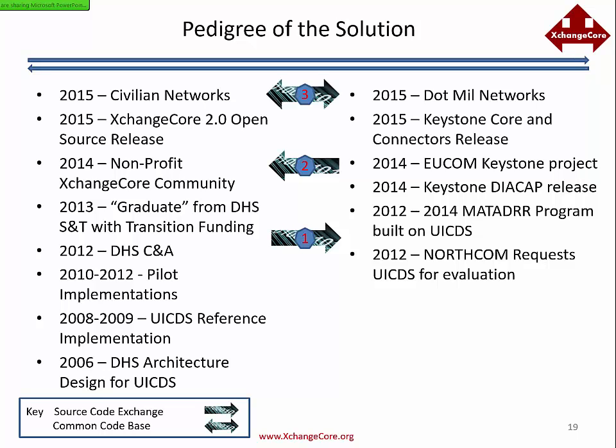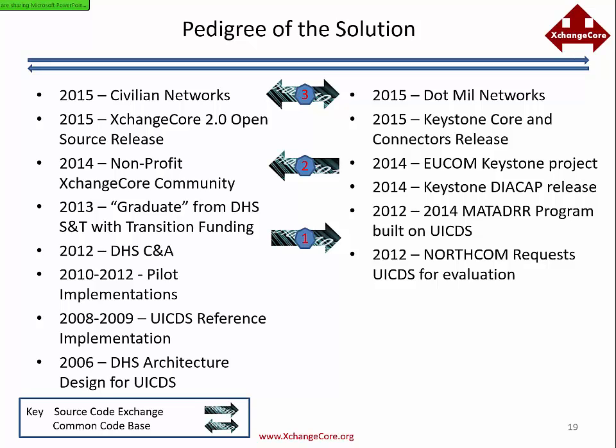Which brings us today, where we have our XchangeCore Open Source release available for civilian networks, the Keystone Core and Connectors release, which is available for .mil networks. But they have a common code base. That information is the same. And that common code base allows all of us, we foresee, to bridge that civilian-military network barrier in the future.